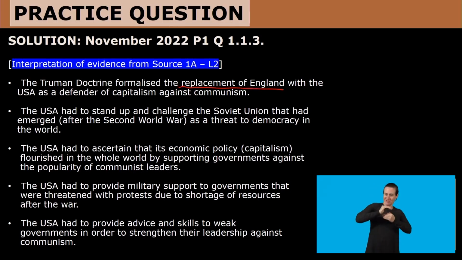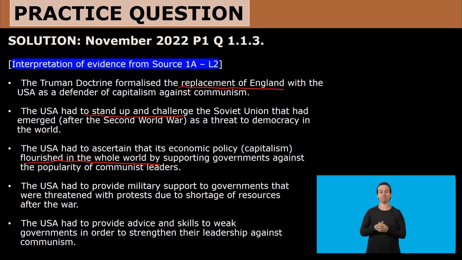of capitalism against communism. The United States had to stand up and challenge the Soviet Union that had emerged after the Second World War as a threat to democracy in the world. The United States had to ascertain that its economic policy of capitalism flourished in the whole world by supporting the government against the popularity of the communist leaders.